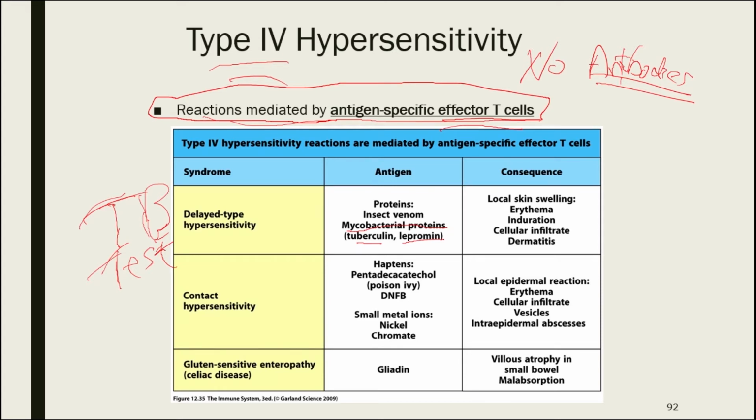The reactions are a little bit of swelling, redness, and maybe a little bit of itchiness.